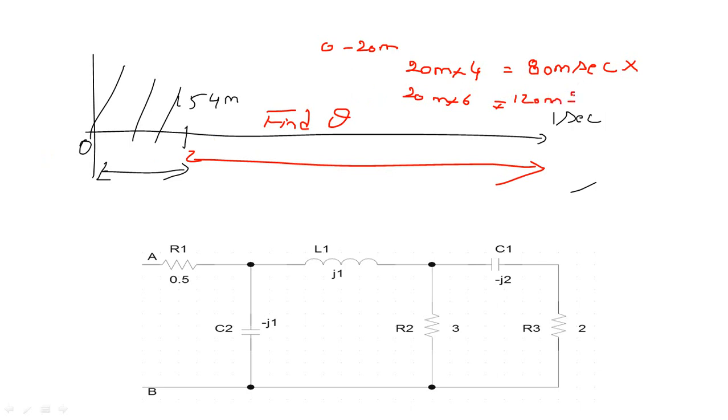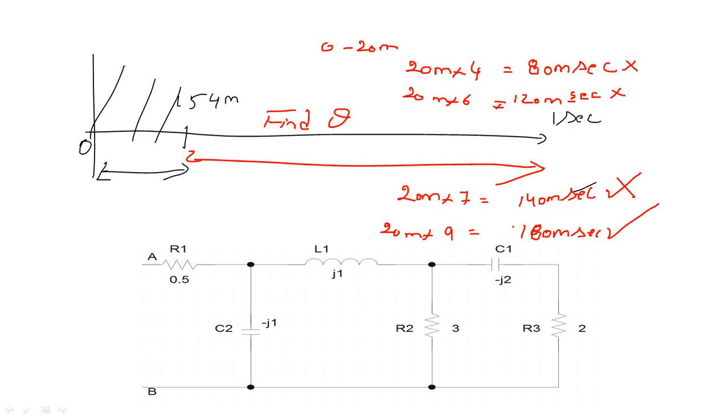Can I take 120 milliseconds? Again, no. Then I will multiply this 20 milliseconds with, for example, 7. So I get 140 milliseconds. No, I cannot consider this also because I have 154. So let us say I multiply 20 milli with 9. Then I get 180 milliseconds, and yes, I can consider 180 milli as my reference point.